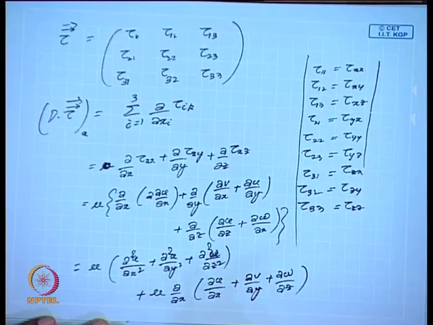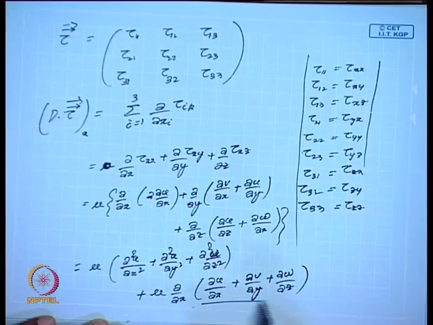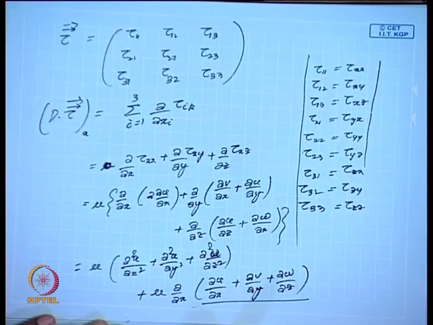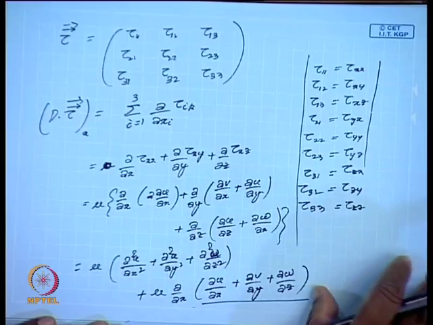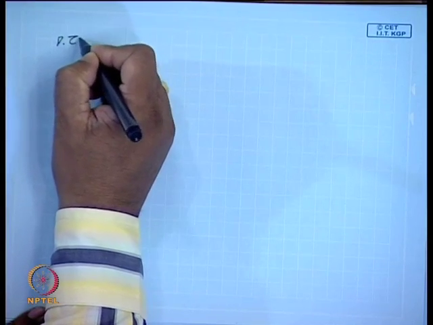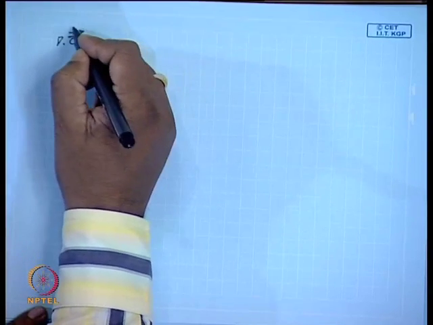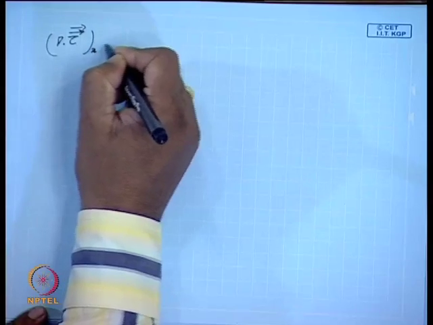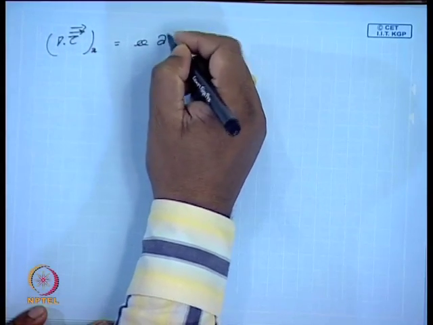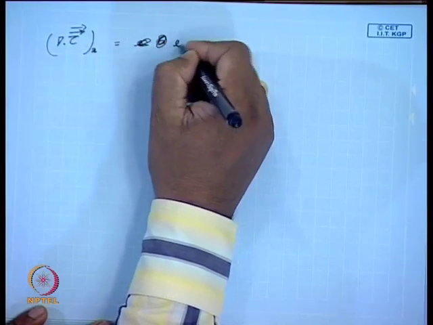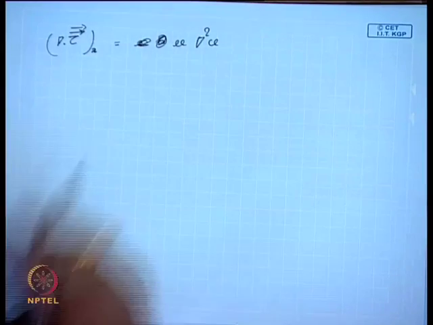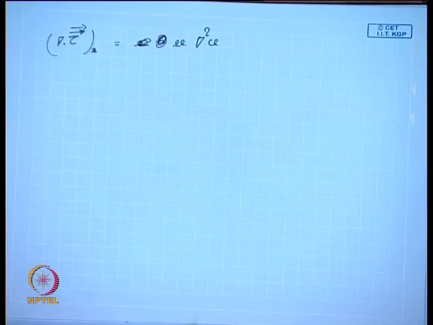This quantity is nothing but the divergence of q. If the fluid is incompressible, this part is 0. Once this is 0, for an incompressible fluid, the divergence of the x component of the stress tensor I get as mu del square u, and u is the x component of the velocity vector.